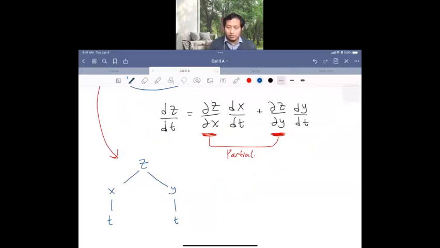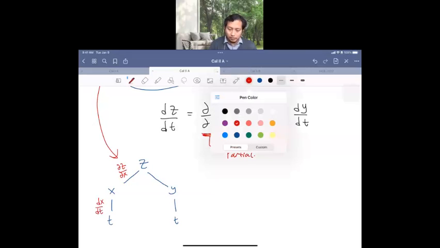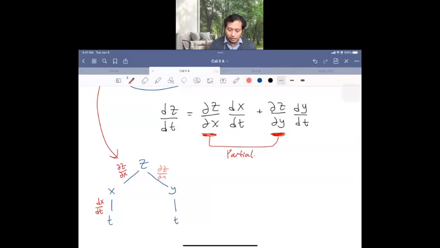Now to define all the possible paths in the chain rule, we write dou z dou x, and for the single variable dx over dt, and the other part dou z dou y and dy dt for the single variable. So if we want z with respect to t, we get dou z dou x multiplied with dx dt. Similarly with the other one, dou z dou y multiplied with dy dt.